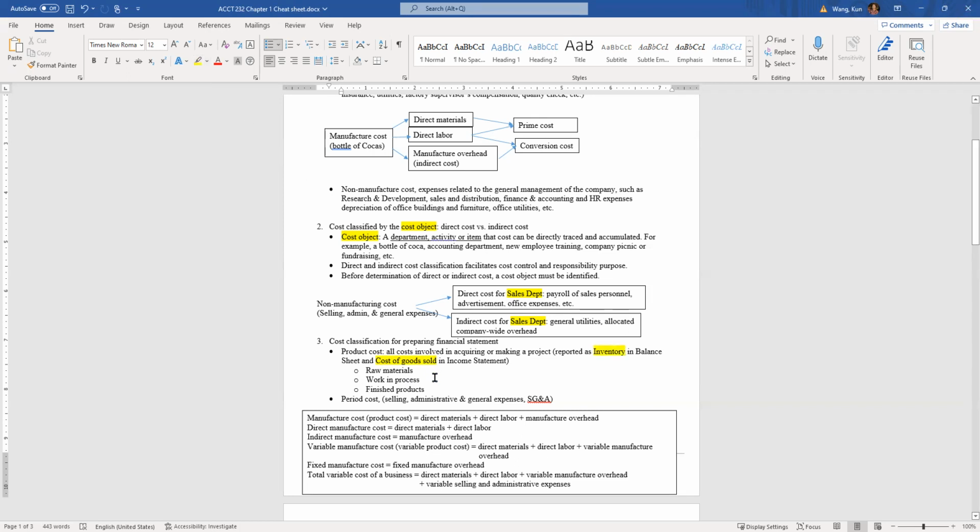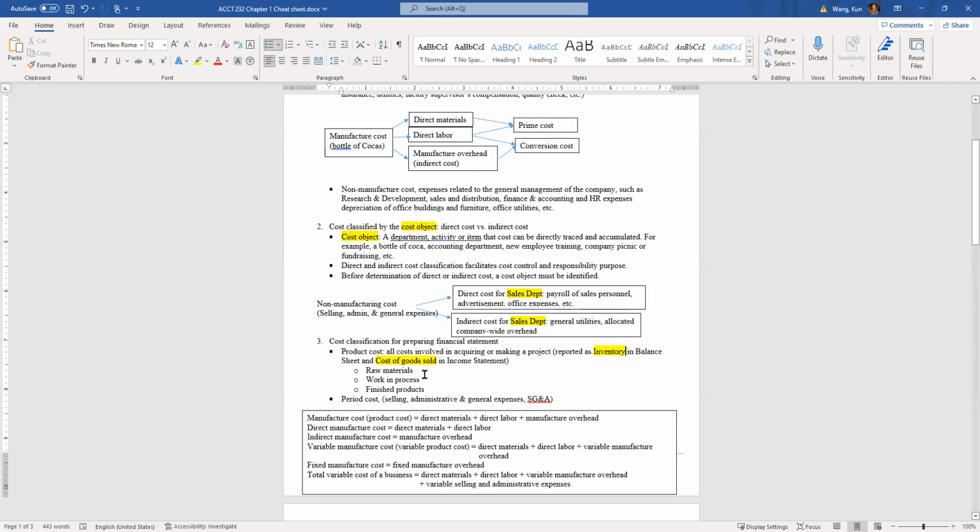For the finished and sold units, we disclose their cost in the income statement. But overall, they are called product cost. So it reflects the appearance of your manufacturer cost in different positions of your financial statements.